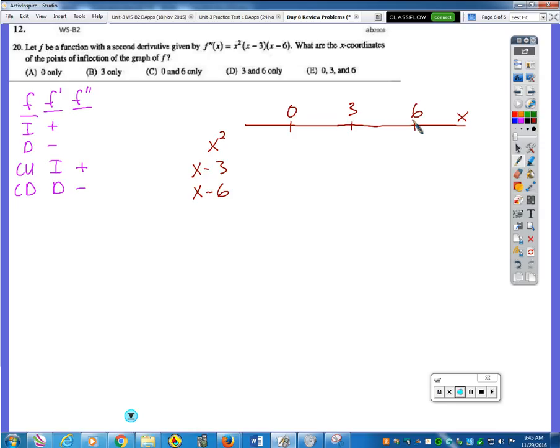Question. So build the chart now. Now I can draw what F double prime is going to look like.